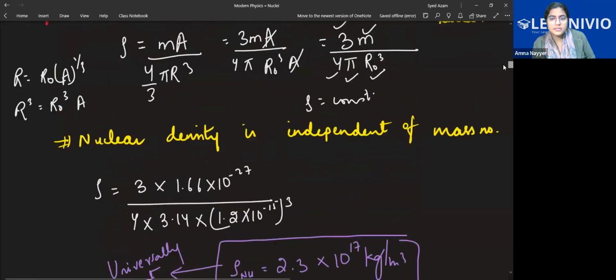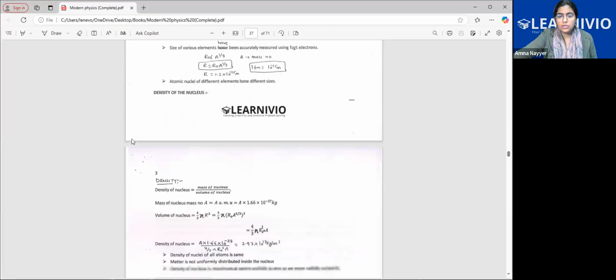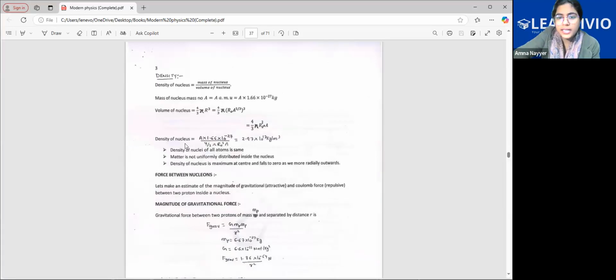We have the questions. See in your notes also, the notes that I have shared with you. So size of nucleus done, the density part is here. Look, here is the density part.